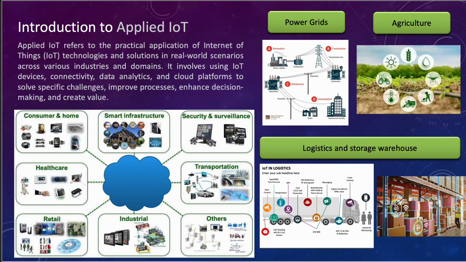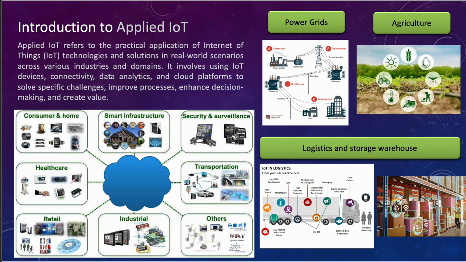Applied IoT refers to the practical application of Internet of Things or IoT technologies and solutions in real world scenarios across various industries and domains. It involves using IoT devices, connectivity, data analytics, and cloud platforms to solve specific challenges, improve processes, enhance decision making, and create value.